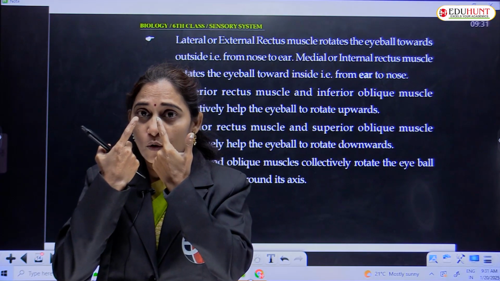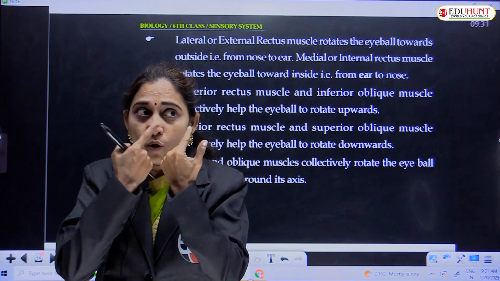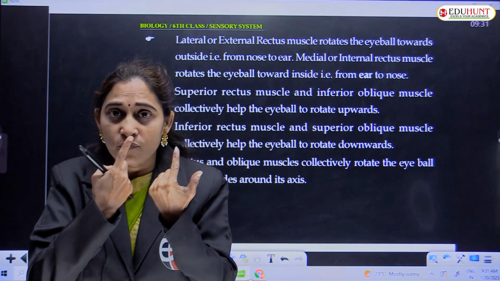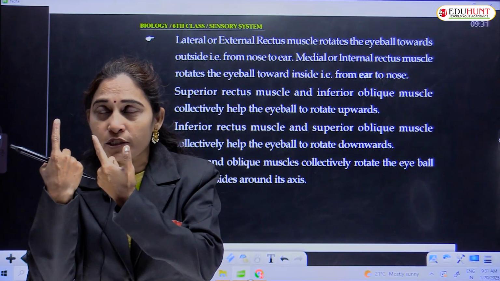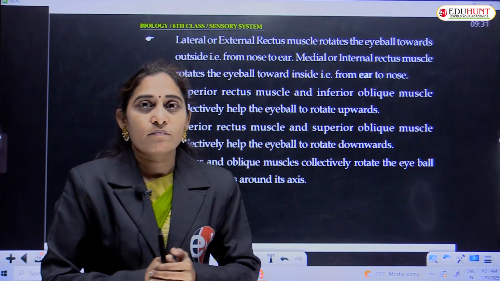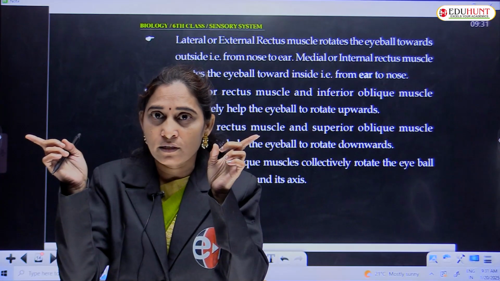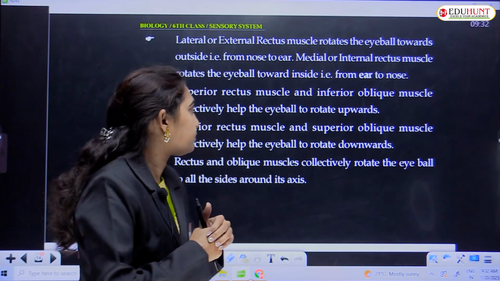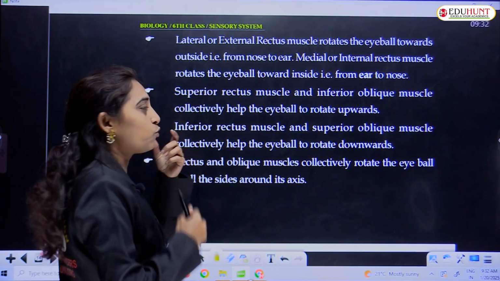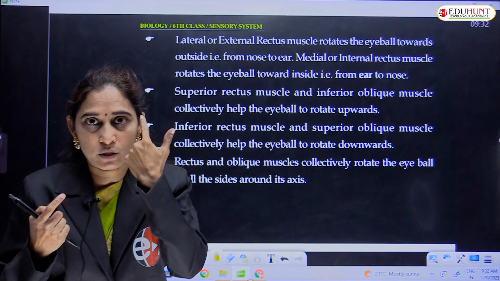If I want to move towards left, both the eyeballs move in one direction. Both the eyeballs move in the same direction. If one moves in this direction and the other in the other direction, it doesn't make sense. I can't move in that way. From nose to ear, towards out.